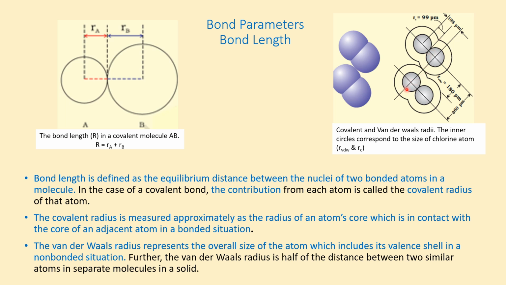As against this, the van der Waals radius RVW is shown here. The distance between the two adjacent atoms is 360, and divided by 2 it is 180 picometers. Hence, the van der Waals radius is half the distance between two similar atoms in separate molecules in a solid.